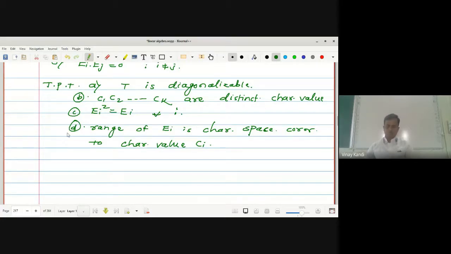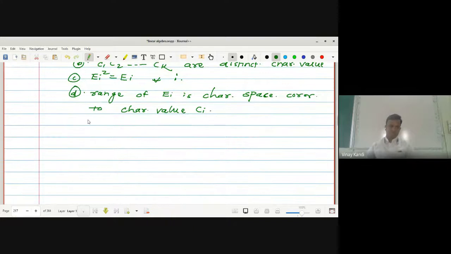First we are going to prove C. To prove that EI square is equal to EI for all I, let alpha belong to V be any vector.